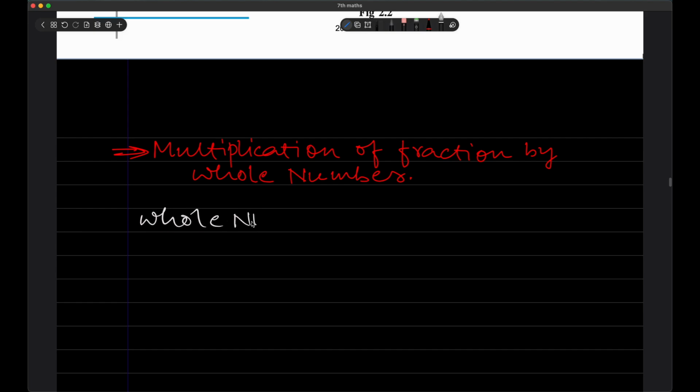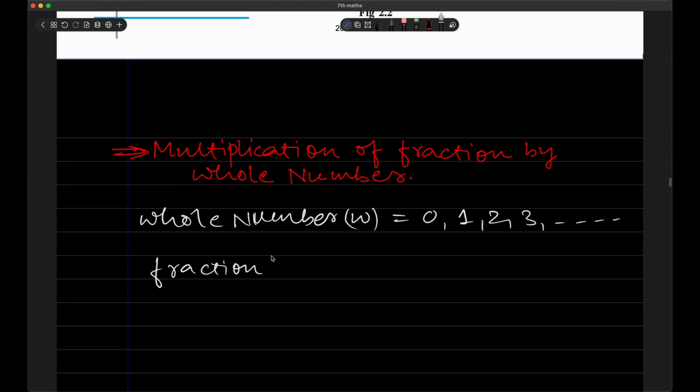A whole number, say W, starts from 0, 1, 2, 3 and so on, and a fraction is of the form A divided by B, where A and B are natural numbers.